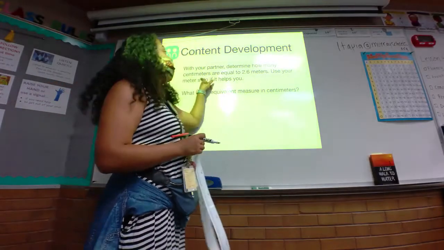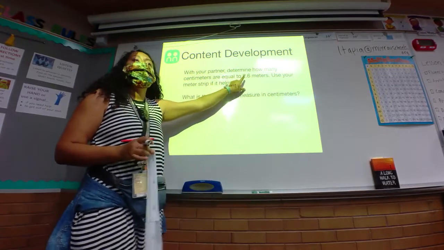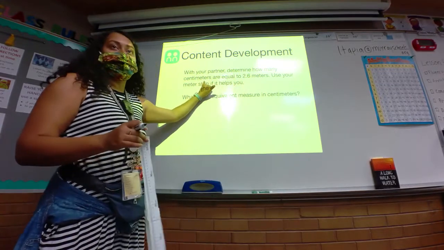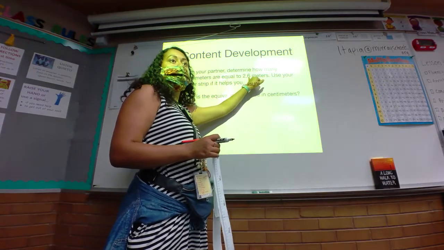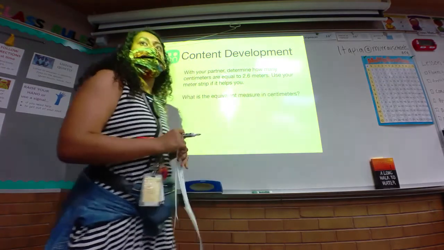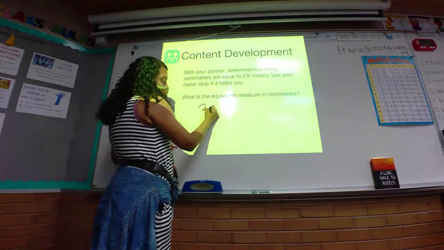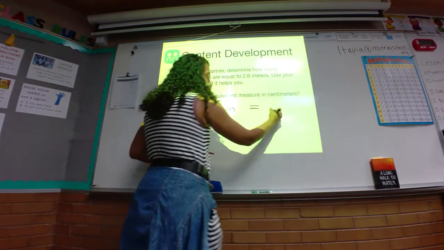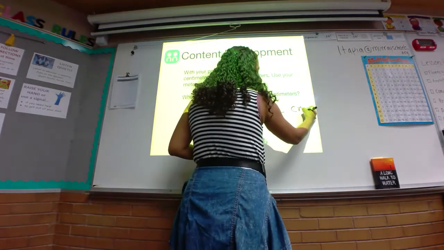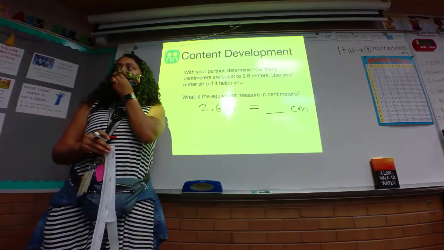Okay, with your partner or at home with your paper, determine how many centimeters are equal to 2 6/10 meters. Okay, so on your whiteboard, you should write it like this. So 2 6/10 meters is equal to blank centimeters. Write it down. This is your problem.